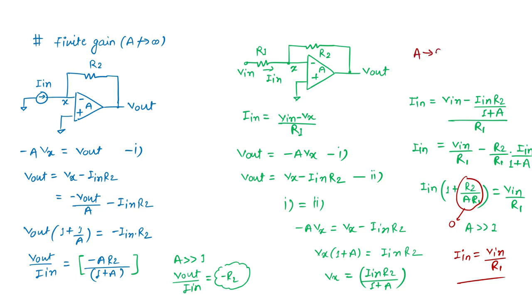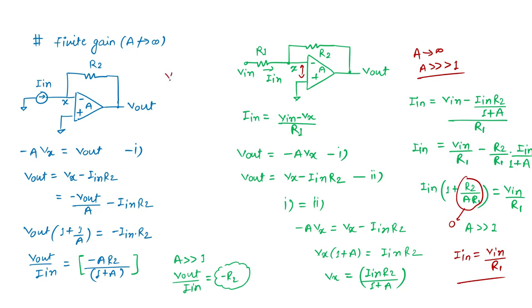If A is infinity, or A is much greater than 1, then our expression comes nearly to the ideal case. The only point to discuss here is that the input current is converted into a voltage with some mechanism, using the feedback resistor R2. Input has no direct relation with the difference voltage of the amplifier.